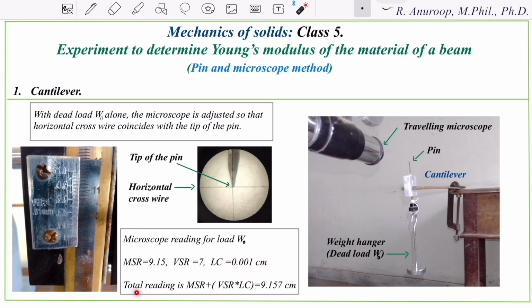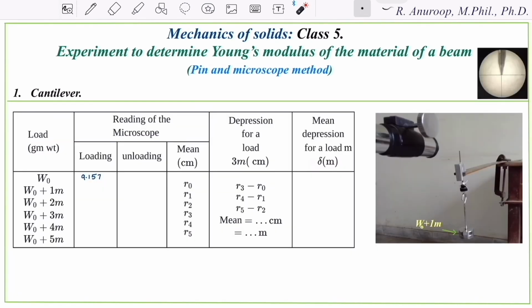Therefore, the total reading is MSR plus VSR into LC, that is 9.15 plus 7 into 0.001, that is 9.157 centimeter. Now write the reading 9.157 in the loading column corresponding to the dead load W0.